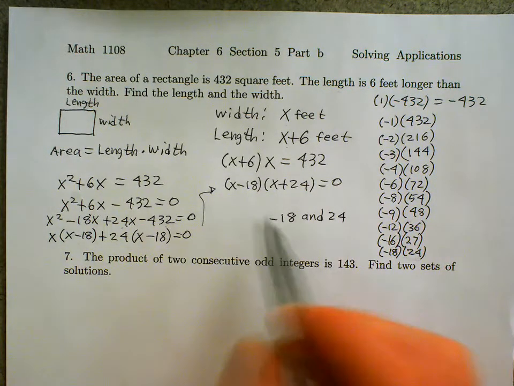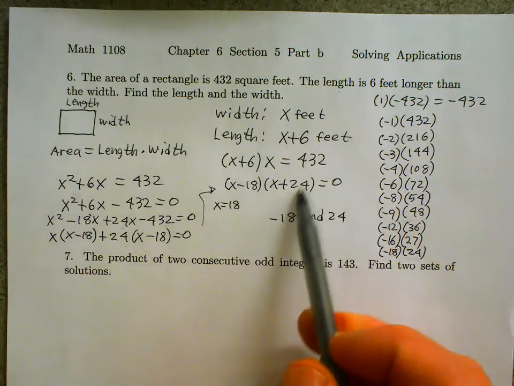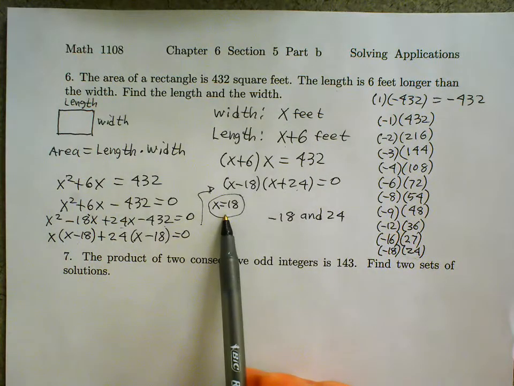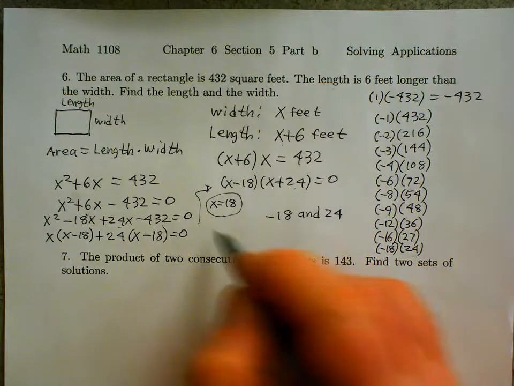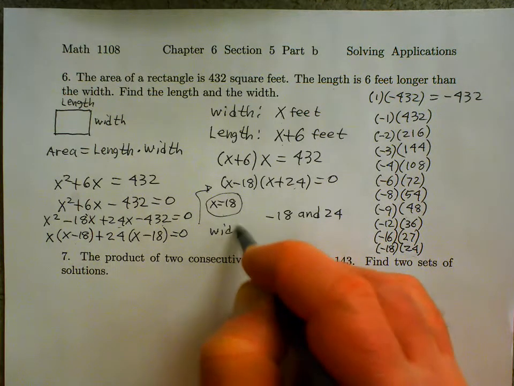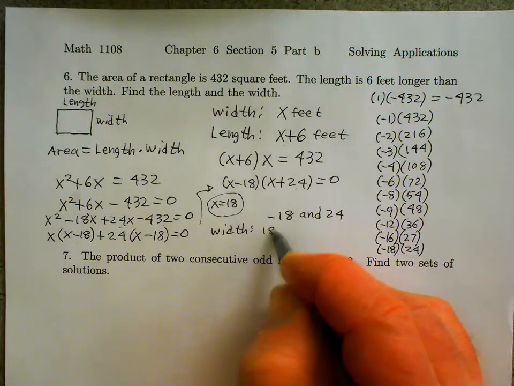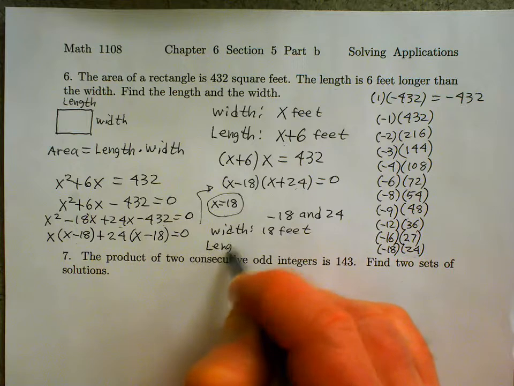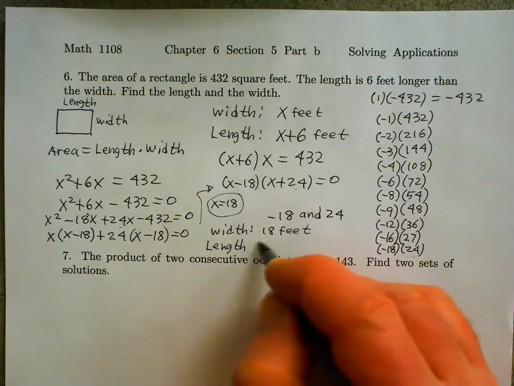Okay, the two solutions are positive 18 and negative 24, but the solution we want is positive 18. So the width is 18 feet, and the length is 18 plus 6 feet, or 24 feet.